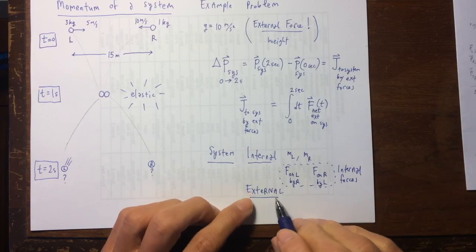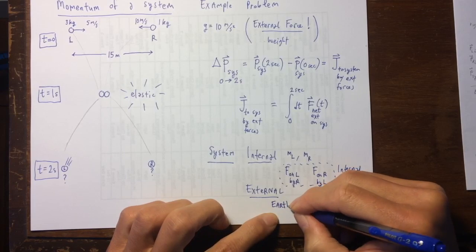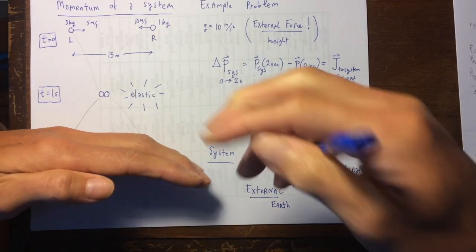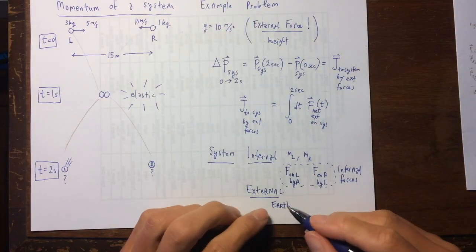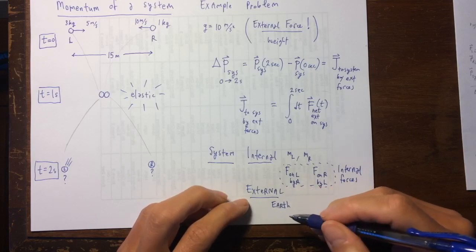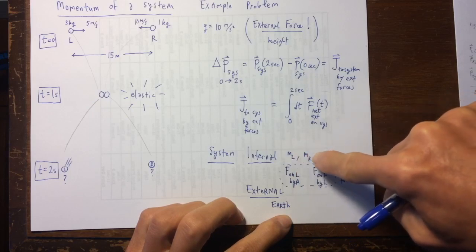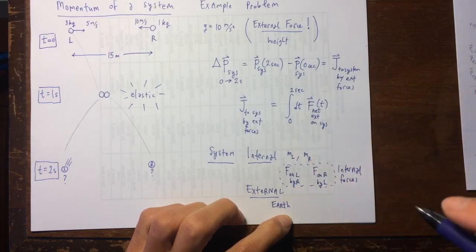But here's an external force. It's because of the Earth. So there's an external object called the Earth. The Earth is below these two particles that are having a collision. And what's more is there are external forces involved between the left side object and the right side mass and the Earth.